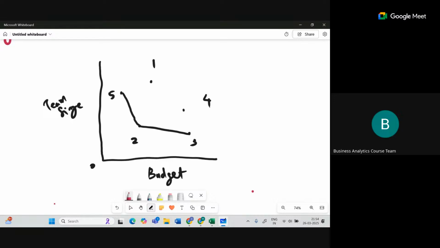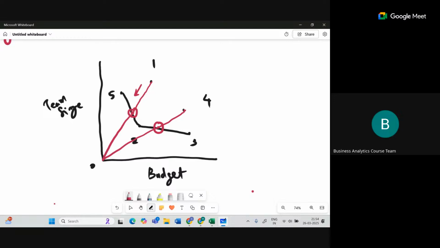By drawing this line from the origin. Similarly, you draw it here. So this 1 has to come down to here. Similarly, this 4 has to reach this part of the frontier to be more efficient.